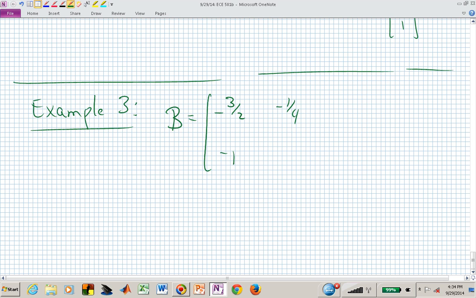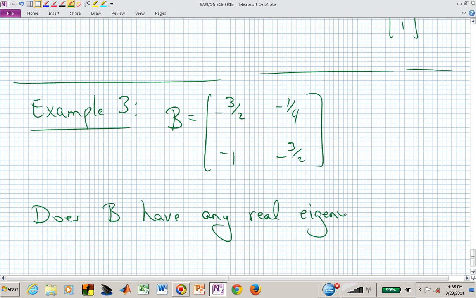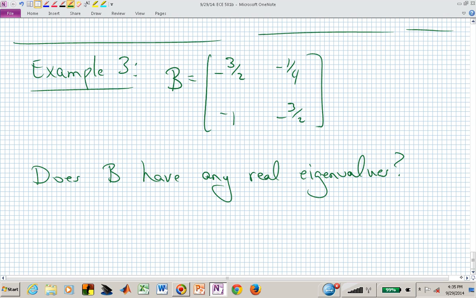Minus 3 halves, minus 1/4, minus 1, minus 3 halves for B. And now does B have any real eigenvalues?